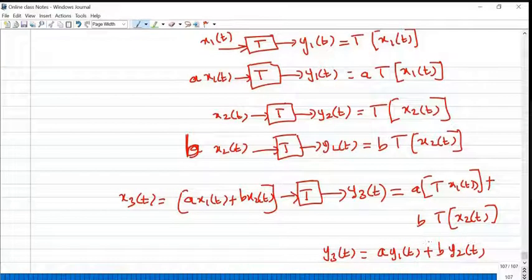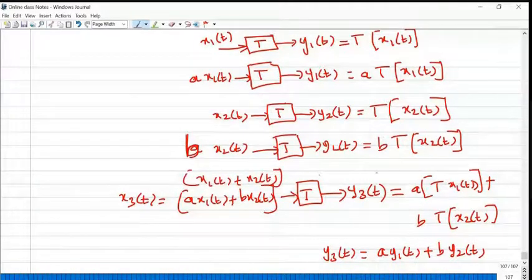In this way. Or if you give x1 of t plus x2 of t as input, then your output should be equal to y1 of t plus y2 of t. Okay. So this principle is called the superposition principle.